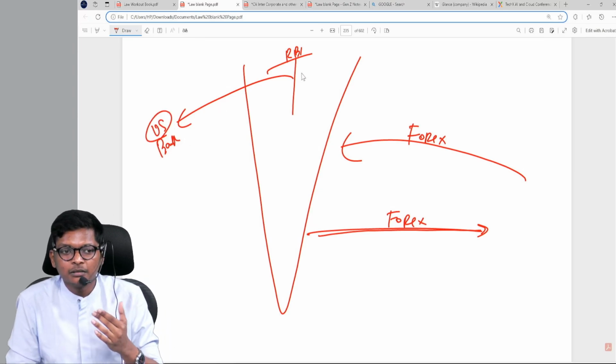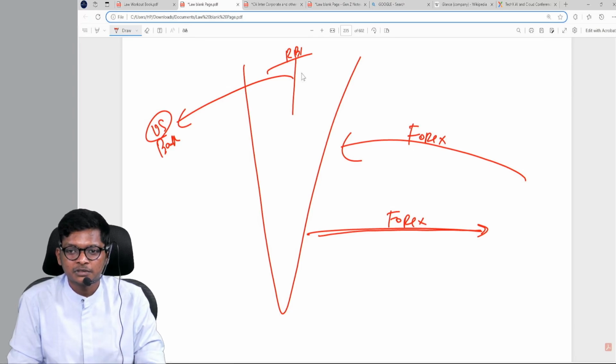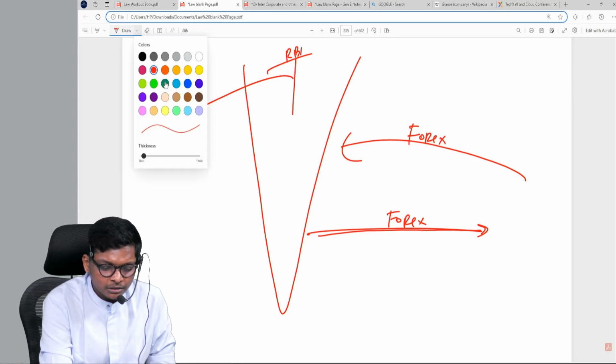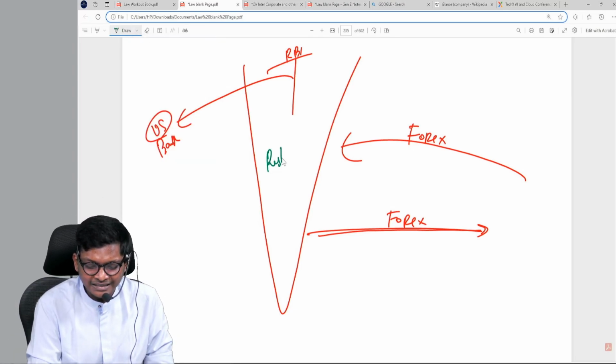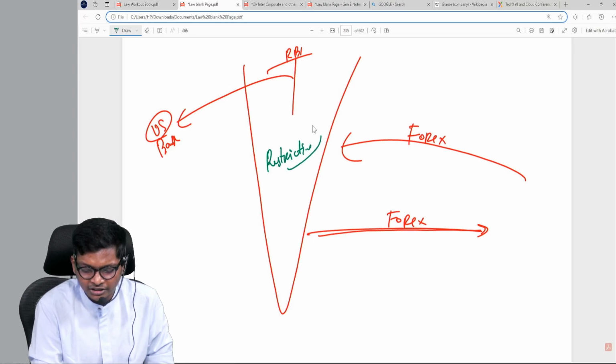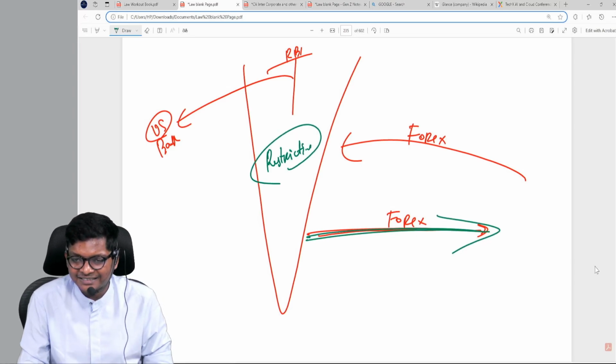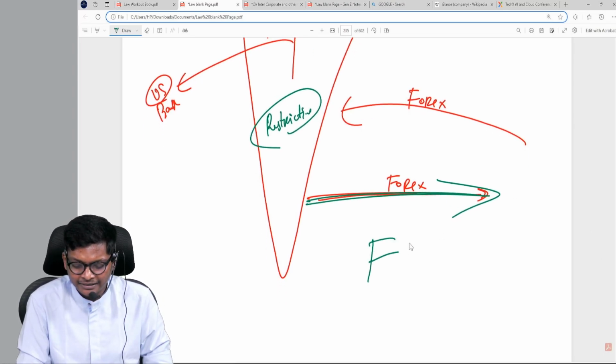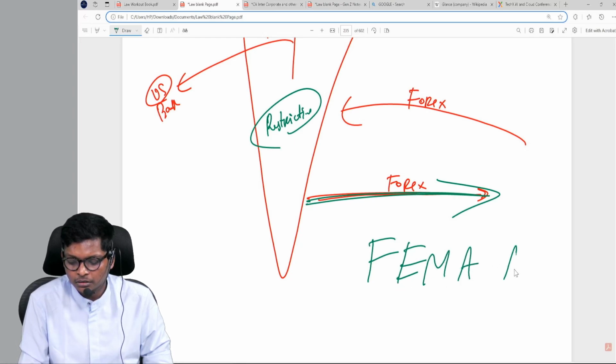They have to repay someday. How will they repay? That's why they have introduced restrictions on how much forex can leave the country, and that restriction is called what act?